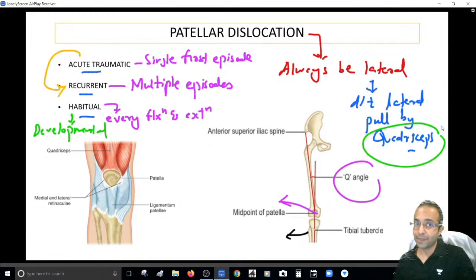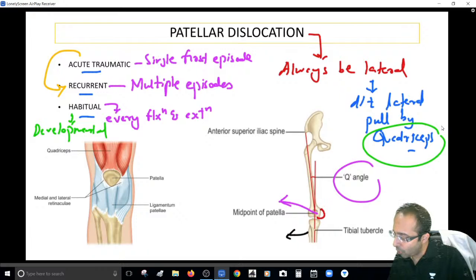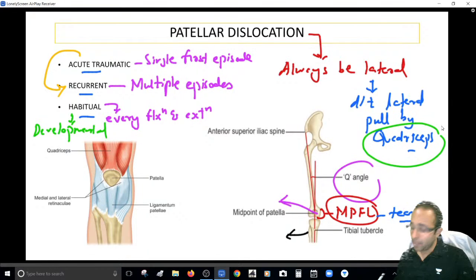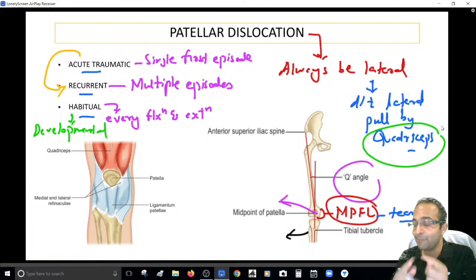So dislocation of the patella is always lateral. Now once the patella dislocates laterally, on the medial side you have a medial patellofemoral ligament. The medial patellofemoral ligament tears, and if it does not heal conservatively, you land up with recurrent dislocations. So recurrent dislocations occur from MPFL tears that are not healed.